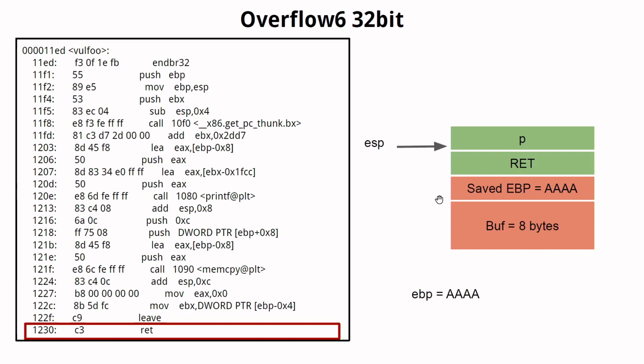Okay? So the EBP should be here, pointing to the saved EBP. EBP minus 8 will be the beginning of this buffer, which means the memory copy will copy 12 bytes, right? Here, 0C, that's 12 in decimal, which means you can override the buffer 8 bytes, then you can override 4 bytes of the saved EBP.